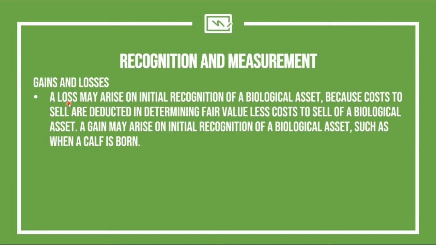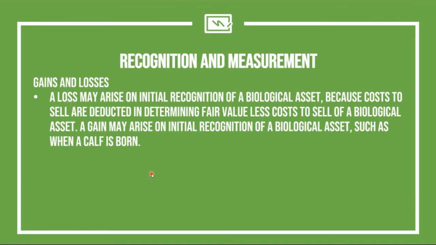So you need to recognize that because the cost to sell that is attributable to the fair value will result in a loss. So meaning it is possible that the value of the biological asset is still negative.